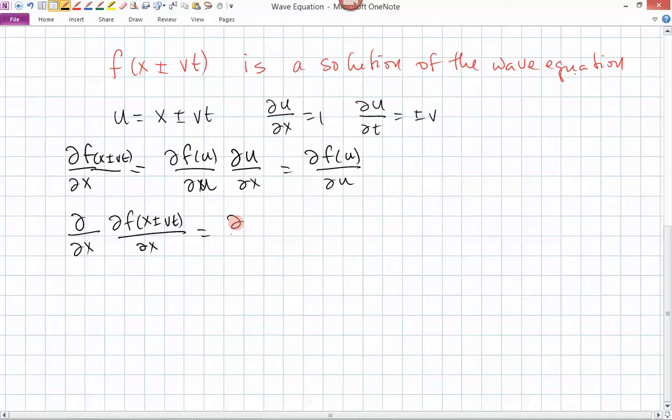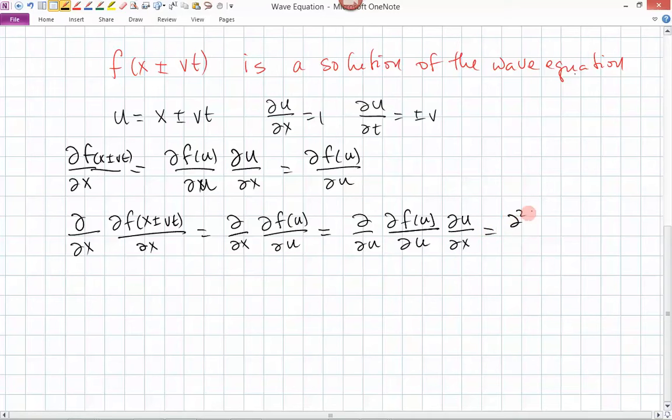This is equal to partial with respect to x of partial f of u with respect to u, and this is equal to partial with respect to u of partial f of u with respect to u, times partial u with respect to x, which is just the second partial of f of u with respect to u squared.